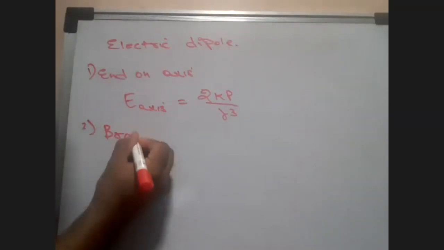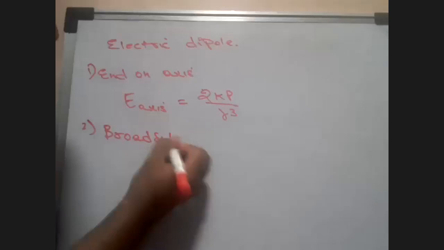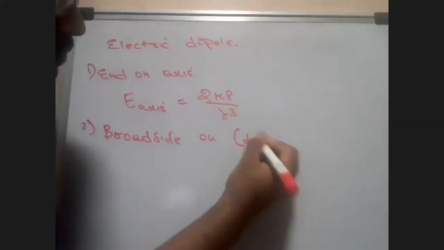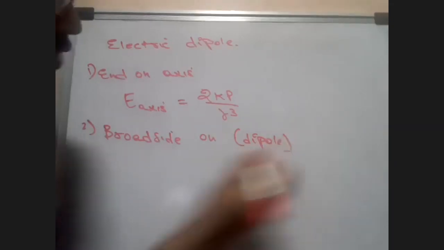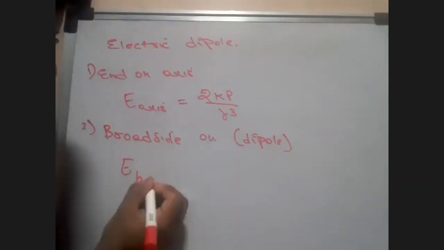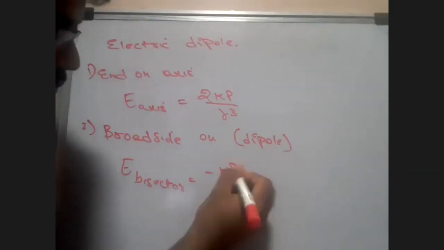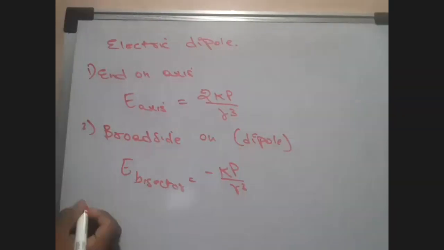On the second thing, what we had done was the broadside-on position, or you can call it the bisector. What did we find E bisector to be? Minus kp upon r cube. What was the ratio between these two? Can anyone tell me? 2:1.